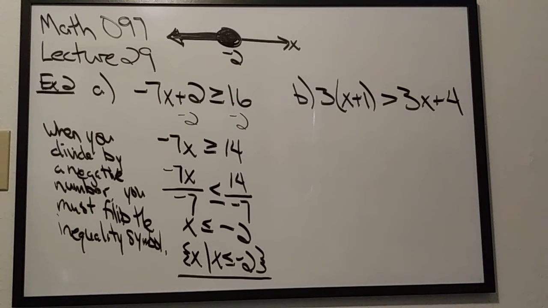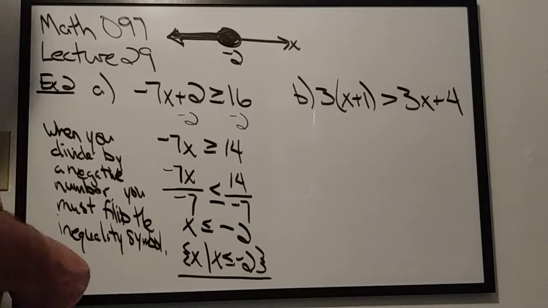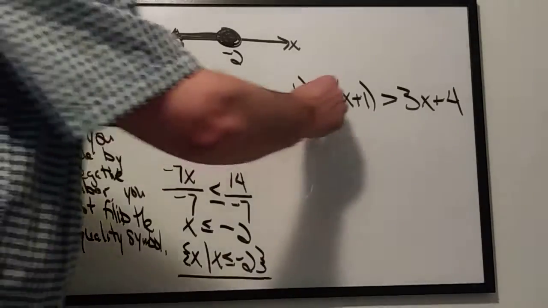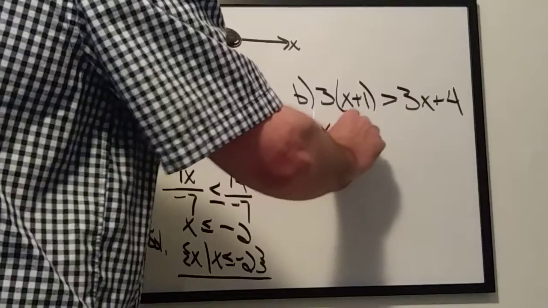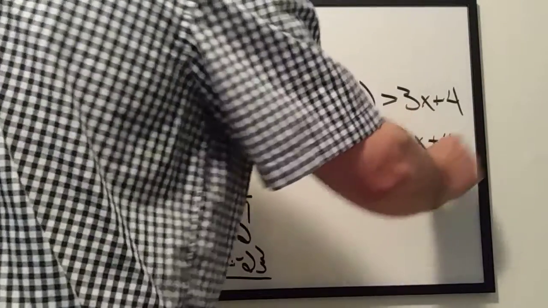So as you look at part B, once again, let's use some of the ideas we would have used in equation land. I have 3 times a quantity. First thing I would have done in equation land is distribute the 3. I'll do the same thing here in inequality land. Distribute the 3 through, we get 3x plus 3 is greater than 3x plus 4.